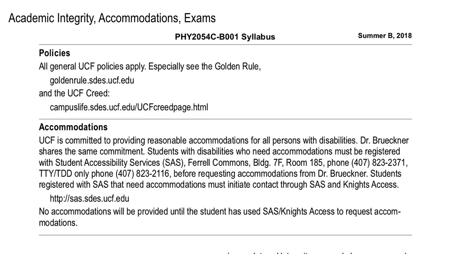Okay, policies. All general UCF policies apply, especially the Golden Rule and the UCF Creed. Now, I'm going to make a serious point here, and I want everybody to take note of what I'm about to say. We found some students cheating in my summer A class, and they're now going through the process with the Office of Student Conduct, okay?